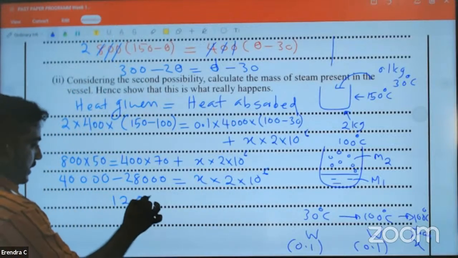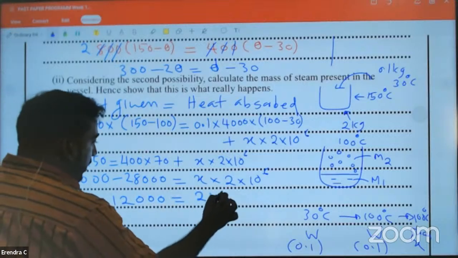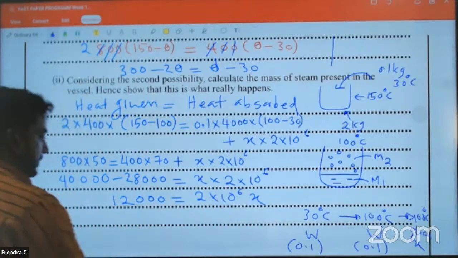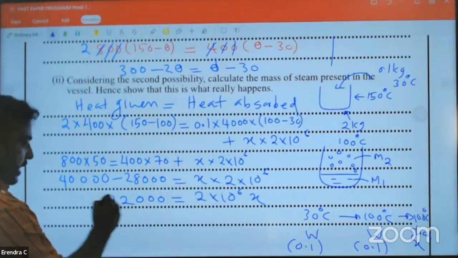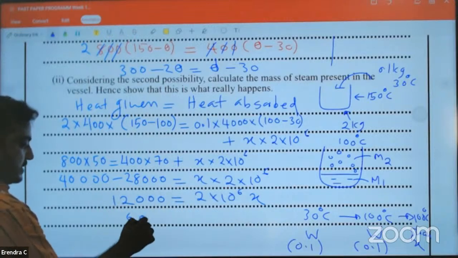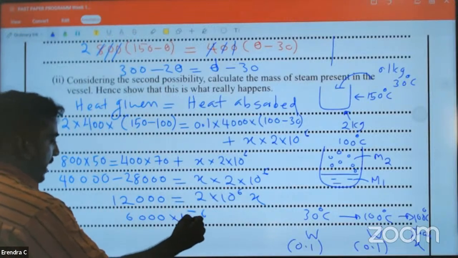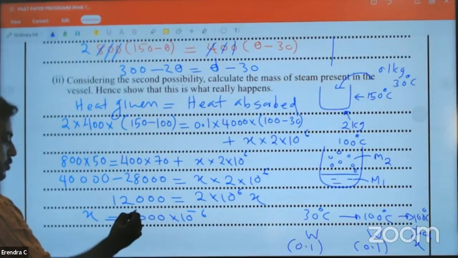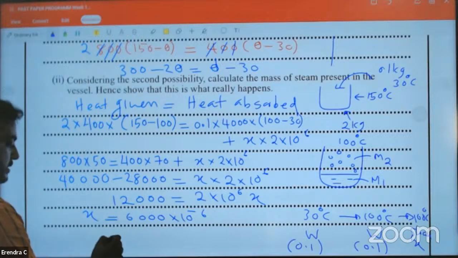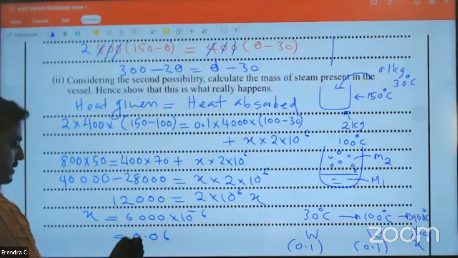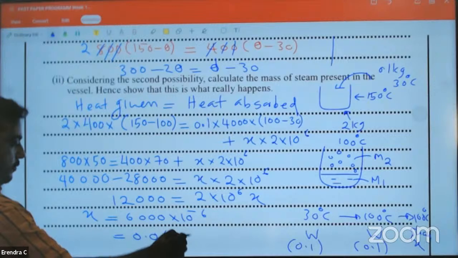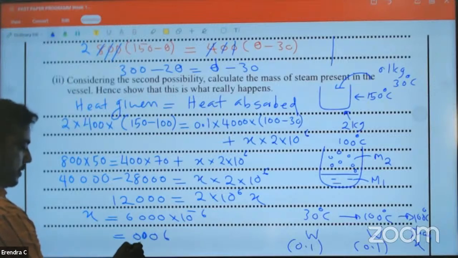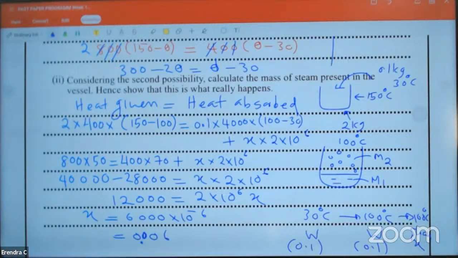Here 12,000 equals 2 10 to the power 6 times X. Here 2 times 6,000, 10 to the power minus 6 X. Be careful, minus 6 means 1, 2, 3, 4, 5, 6. So 0.006 kilogram.